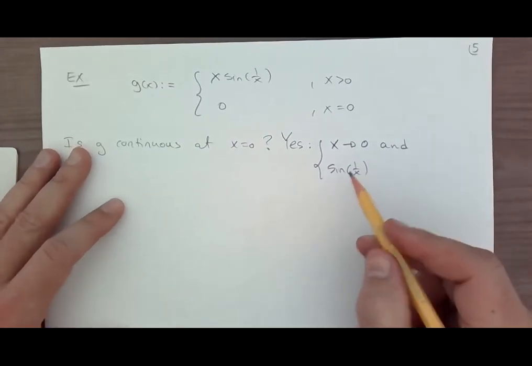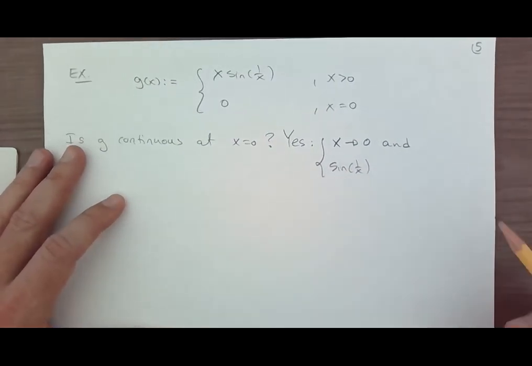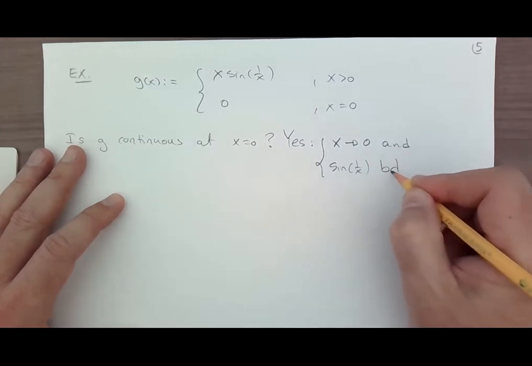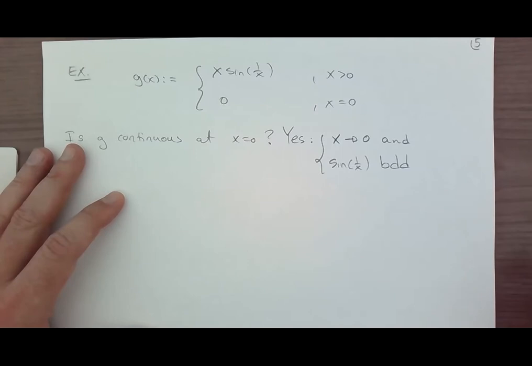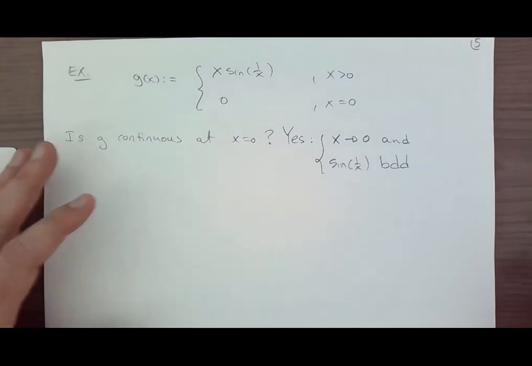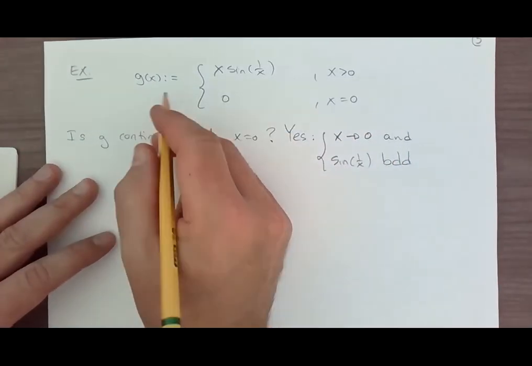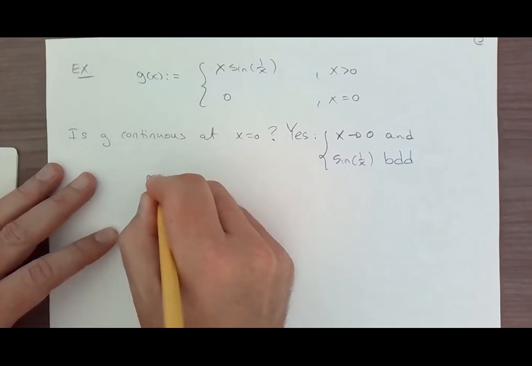But what kind of a property does this sine of 1 over X have? Fernando's right, this is bounded. Very good. So now we just put it together. We want to look at G of xn.